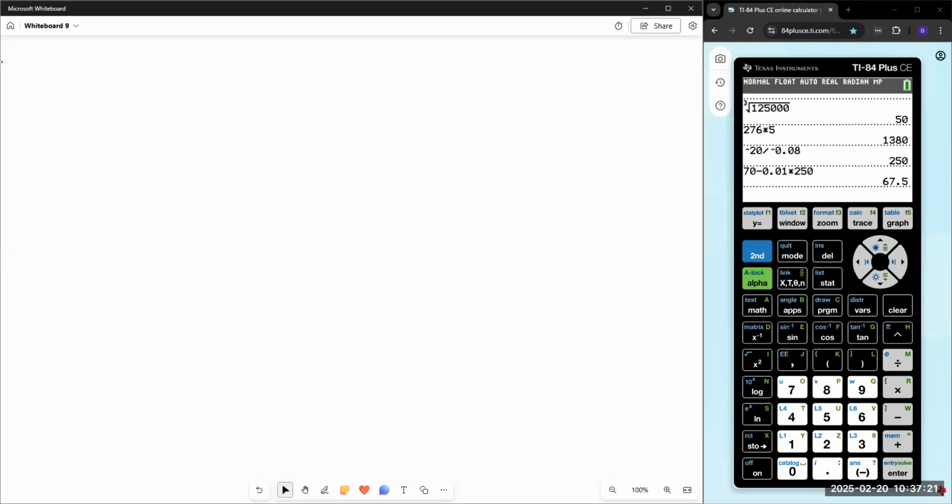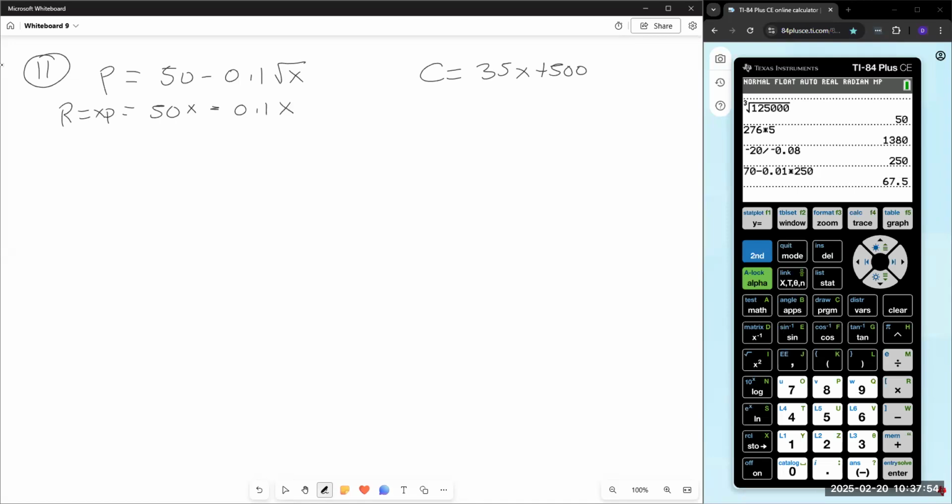Number 11 says that P is equal to 50 minus 0.1 times the square root of x, and capital C is equal to 35x plus 500. So that makes my revenue equation xp, which is 50x minus 0.1x to the 1.5, or 3/2 power.